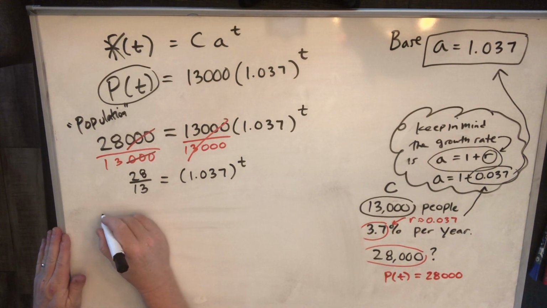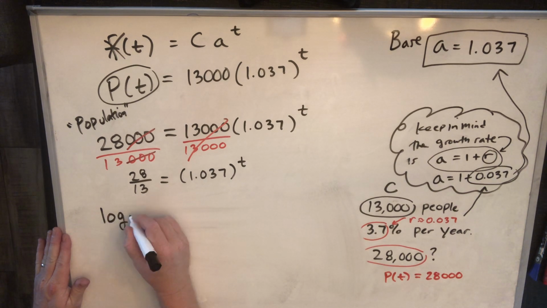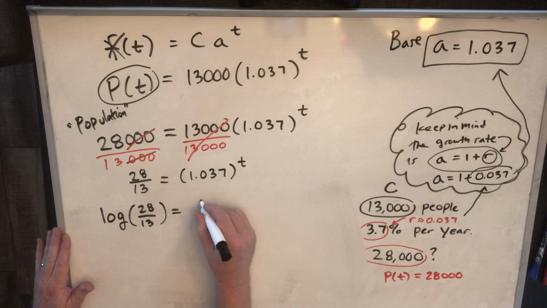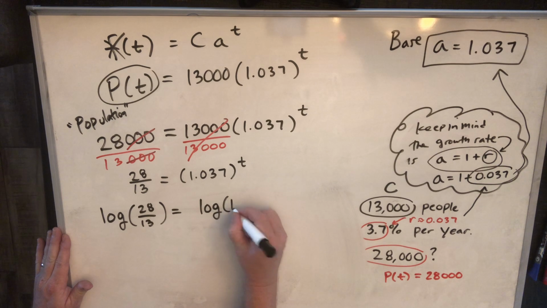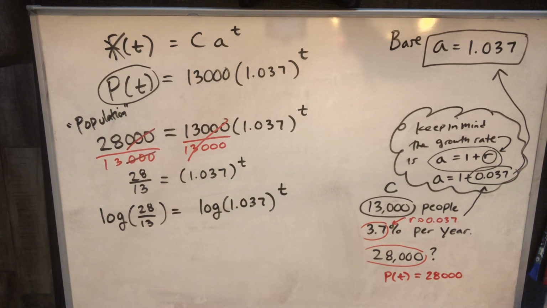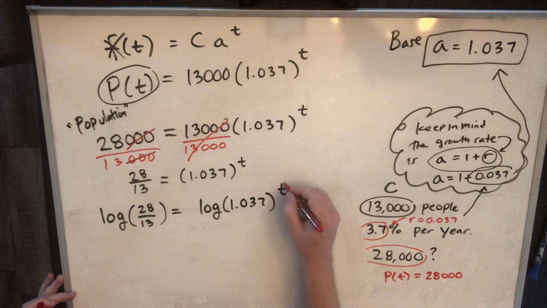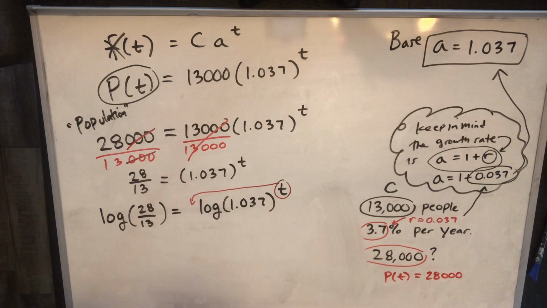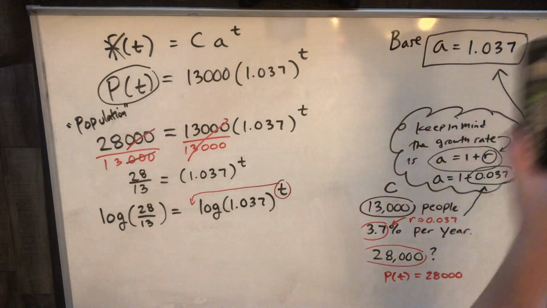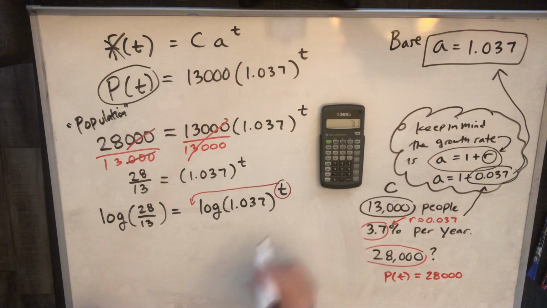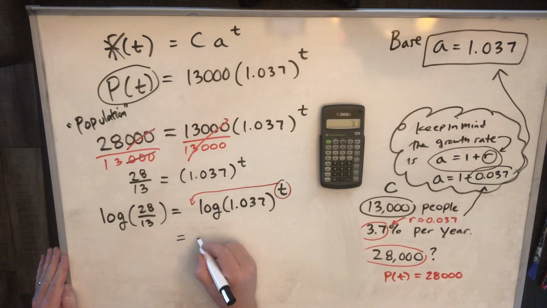So now we're going to take the log of both sides. You can use the common log, or you can use the natural log. Really doesn't matter. I think last time I did a problem similar to this, I used the natural. This time I'm using the common. You could be really fancy and use log base 1.037, but last time I checked, my calculator only does naturals and commons. So that's what I'm going to use.